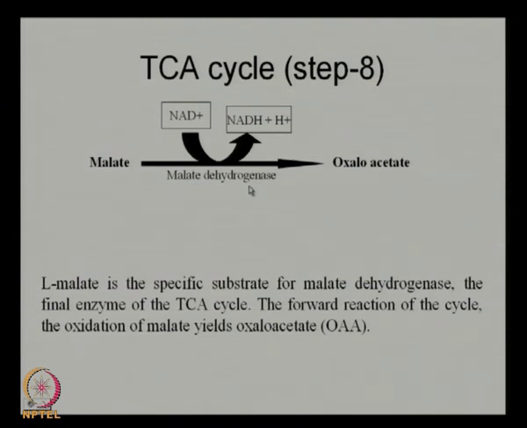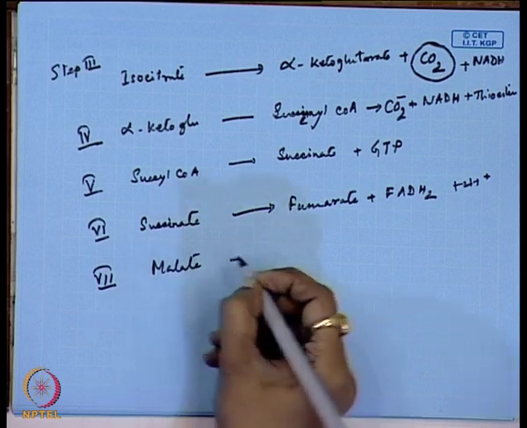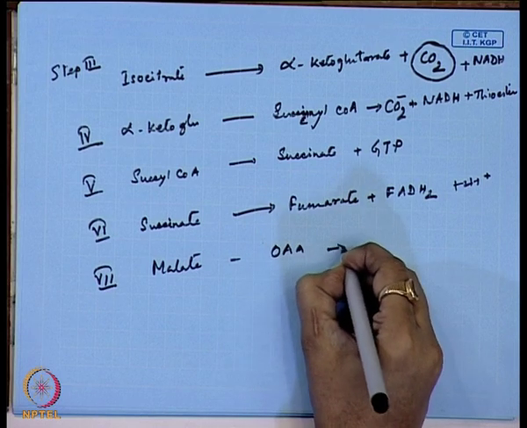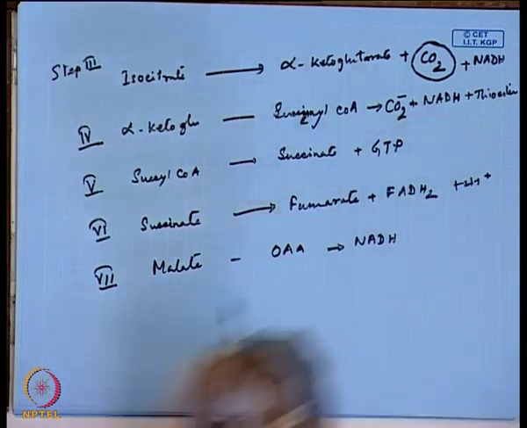That means, in step 8, malate is converted to oxaloacetate, and here we get one molecule of NADH and oxaloacetate.